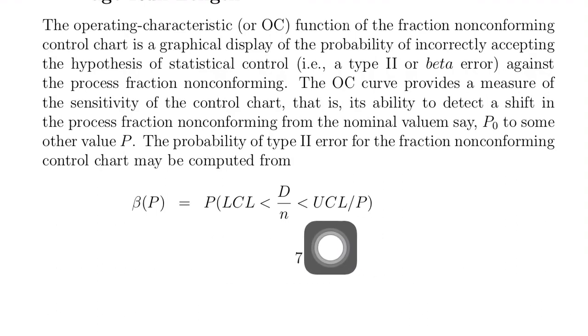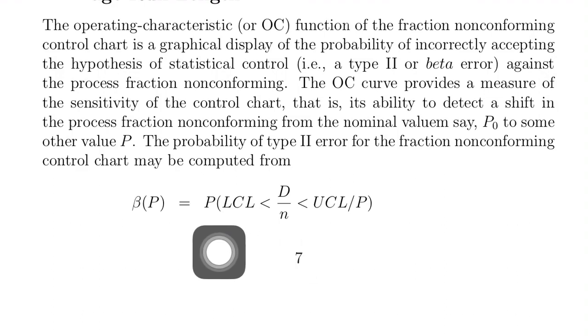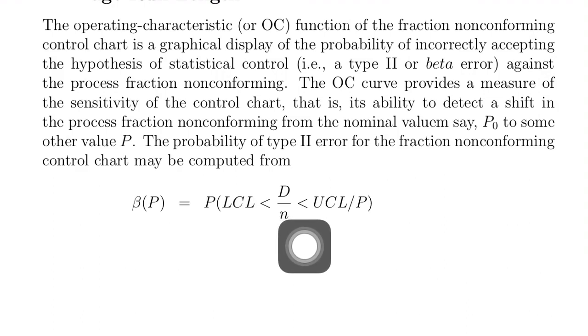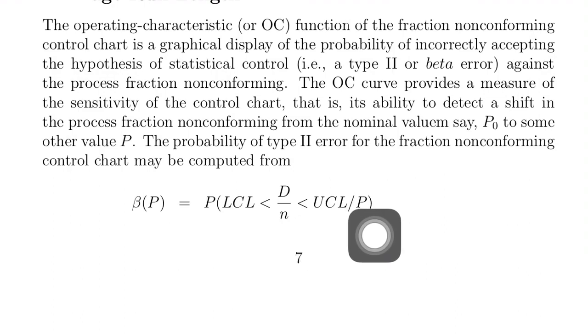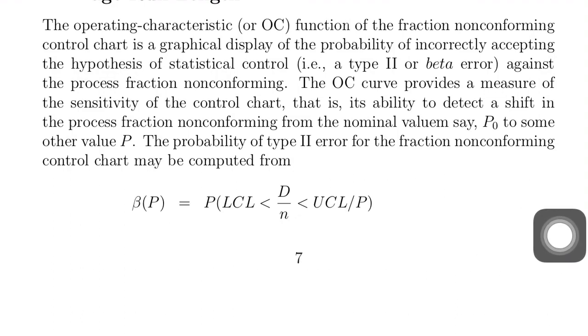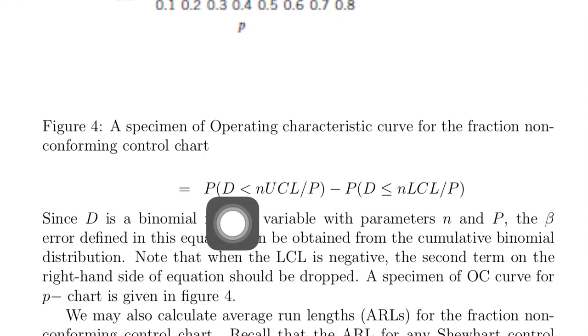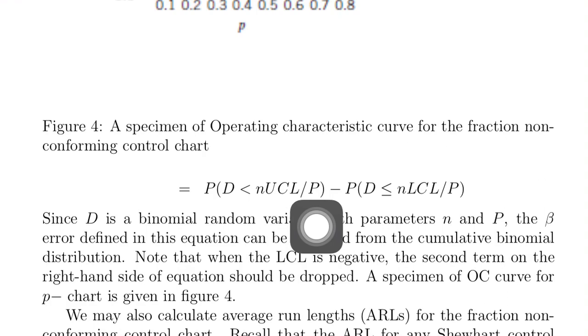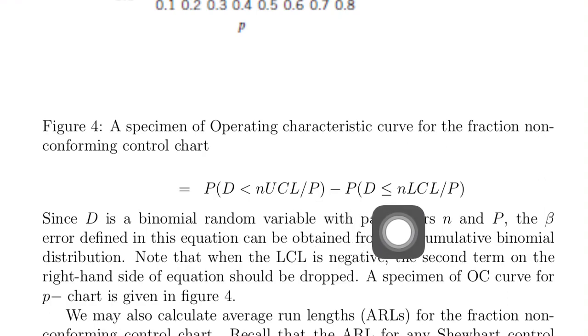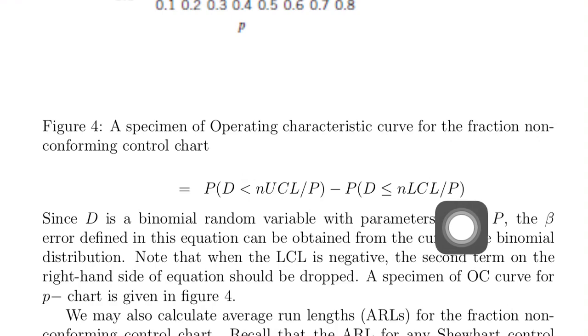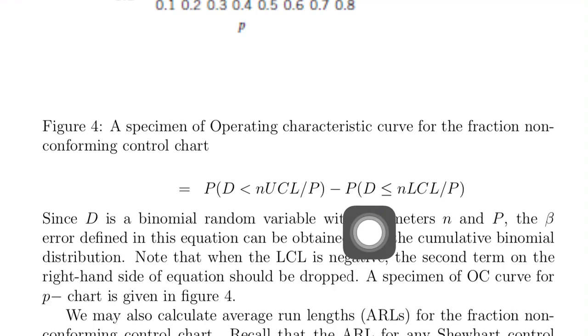And you can compute this probability in such a way that the right hand side is the same as the probability that n times LCL is less than D, which is less than n times UCL, given P. This is equal to the probability that D is less than n times UCL given P, minus the probability that D is less than or equal to n times LCL given P. Usually, when the lower control limit of the P chart is negative, you take it as 0 and the second probability becomes 0.